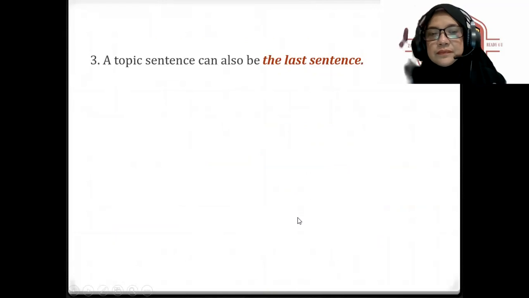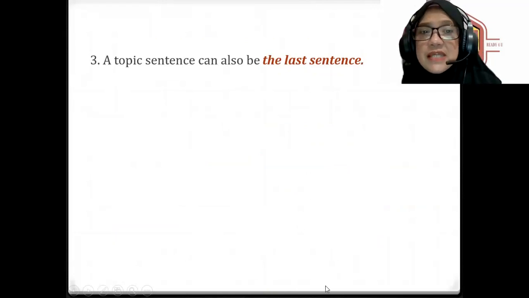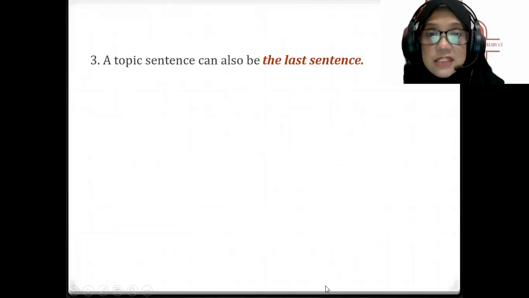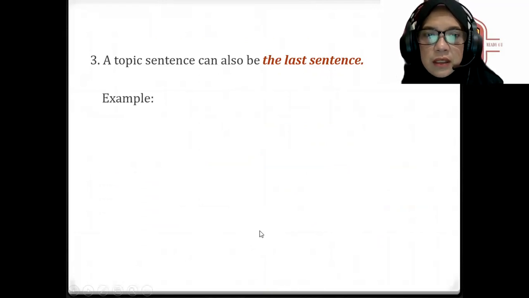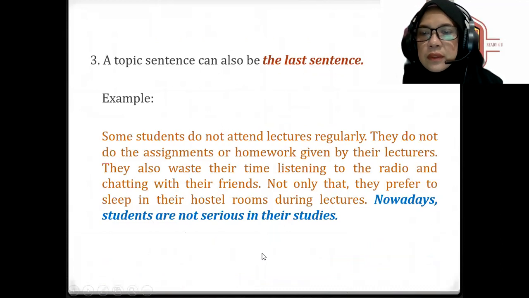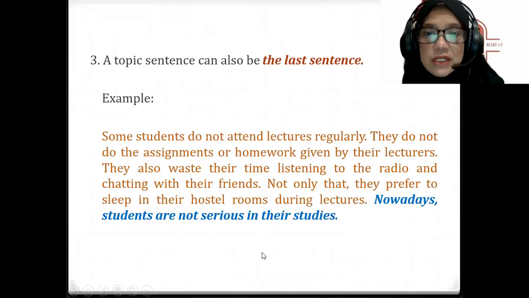Another example. A topic sentence can also be the last sentence of the paragraph, right? Some students do not attend lectures regularly. They do not do the assignments or homework given by the lecturers. They also waste their time listening to the radio and chatting with their friends.